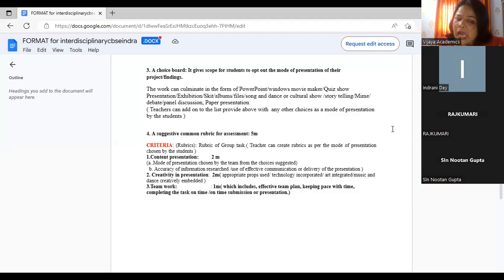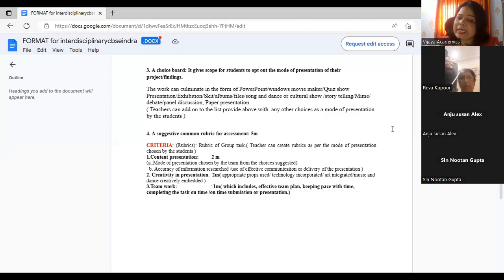The second point is how you are going to assess the project by using creativity in presentation. You are going to give 2 marks for that: appropriate props used, technology incorporated, art integrated, music and dance, creativity embedded.